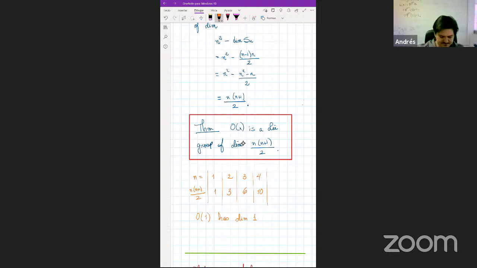So either we have, well, I have a mistake here, or, yeah, because this doesn't match. This is wrong. Because O2 is the one that has dimension 1.